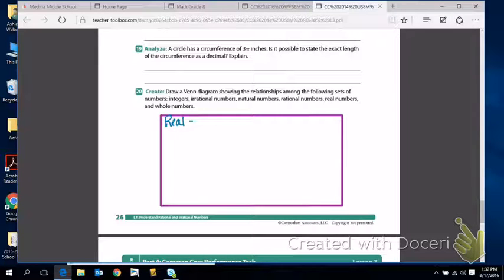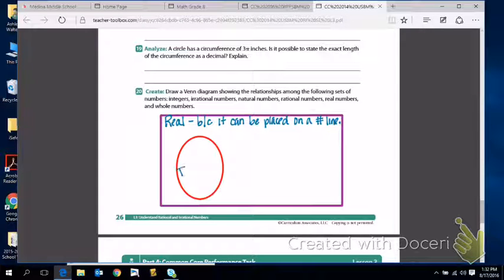And it's real because it's got a spot on the number line. Within real numbers, we have two categories. The first category is irrational.